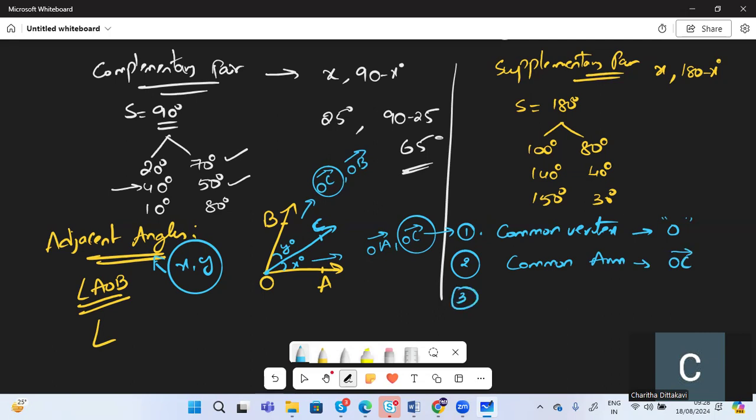Now, the third point. Generally most of the students will not be familiar with this third point. Common vertex is there, common arm is there, and it also should not have any common interior point. Suppose I mention a point P here, and P belongs to angle AOC. Can I say P belongs to angle COB also? No, isn't it? P is interior to angle AOC only. If I say P belongs to COB, is it right?